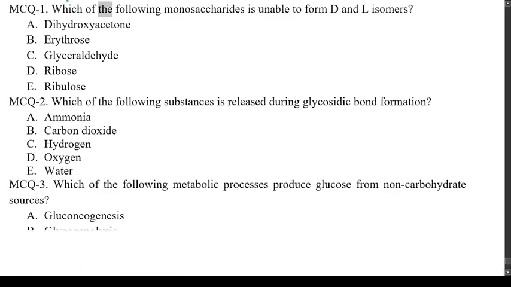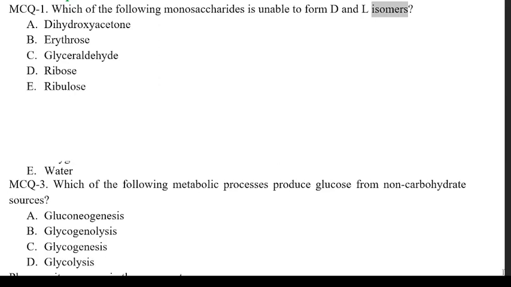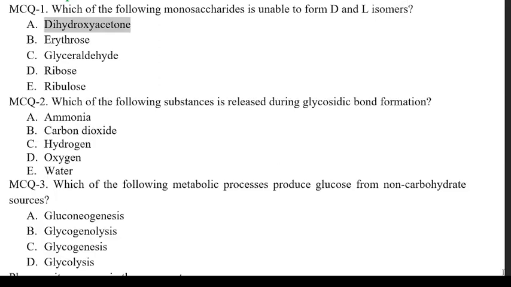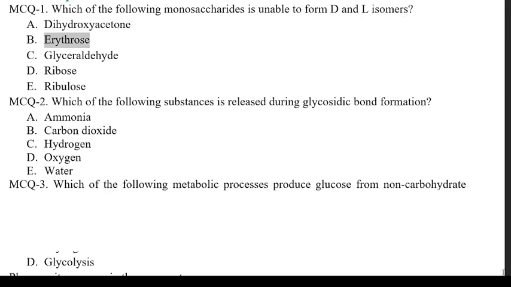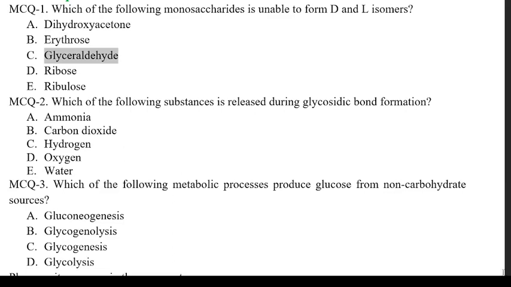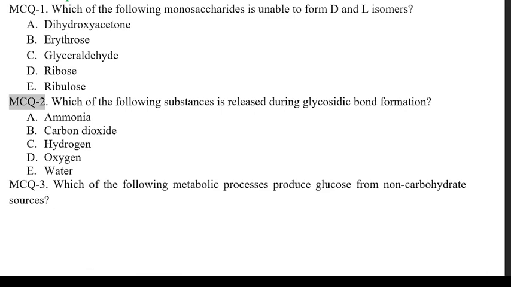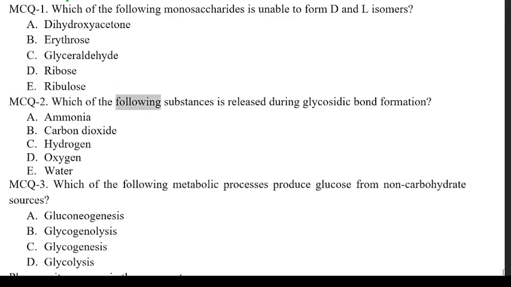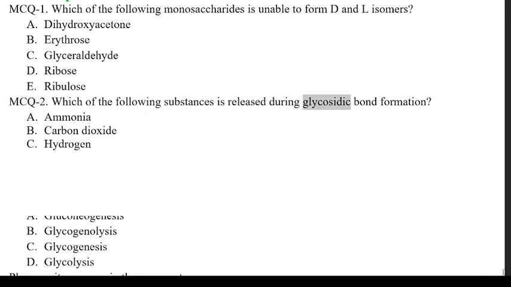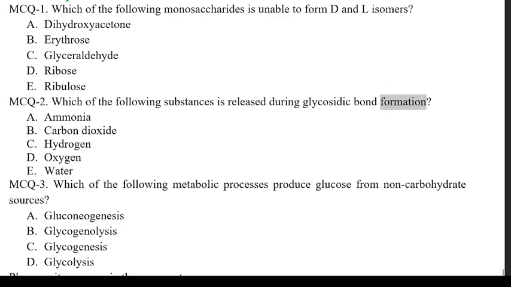Exercise questions. MCQ 1. Which of the following monosaccharides is unable to form D and L isomers? Dihydroxyacetone, erythrose, glyceraldehyde, ribose, ribulose. MCQ 2. Which of the following substances is released during glycosidic bond formation?